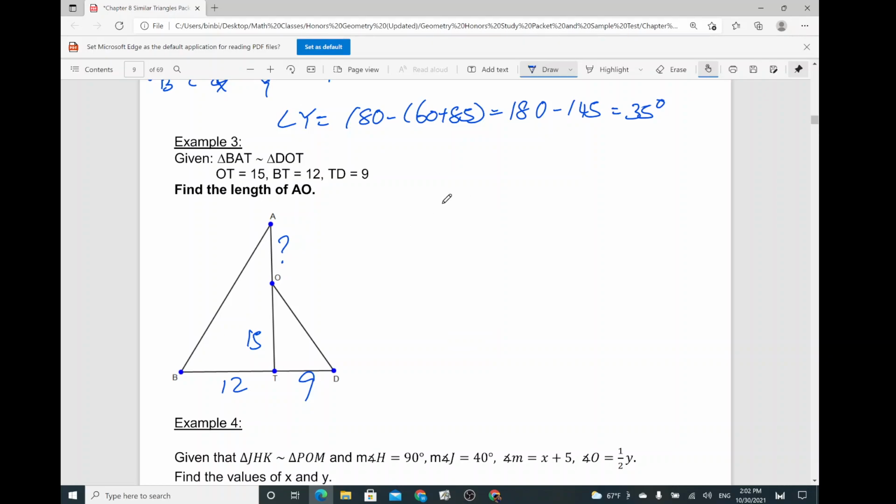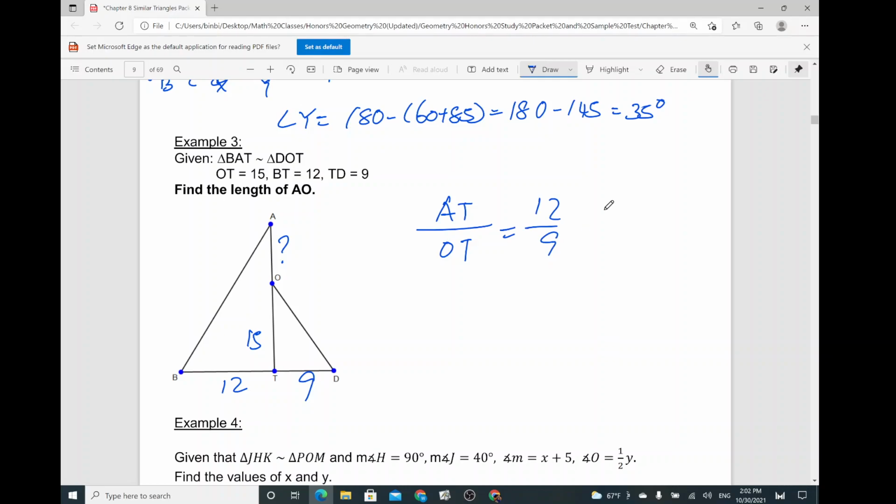One thing that we notice, AT over OT, we compare the height of the triangle. This one has the exact same ratio as the base ratio, so 12 over 9.